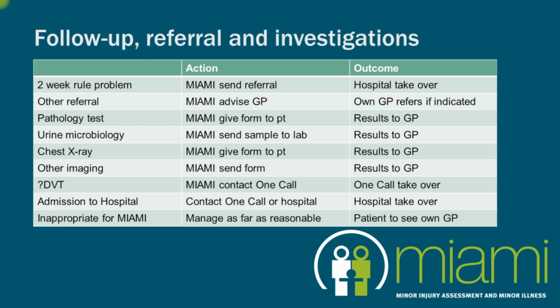This slide summarises the principles behind Miami's responsibilities with regard to follow-up, referral and investigations. The underlying principles are that we should provide immediately necessary treatment for patients, but beyond that, we should loop results and follow-up back to general practice to establish continuity of care. We don't aim to see any patient to follow up any tests or investigations in the Miami clinic.